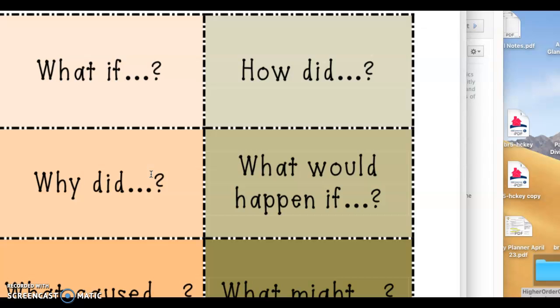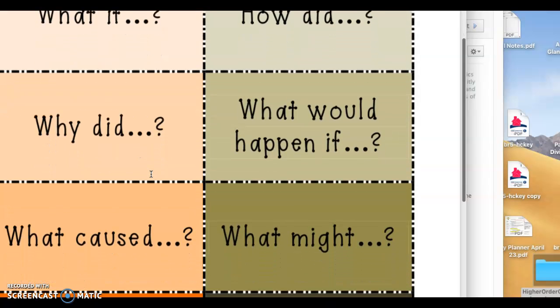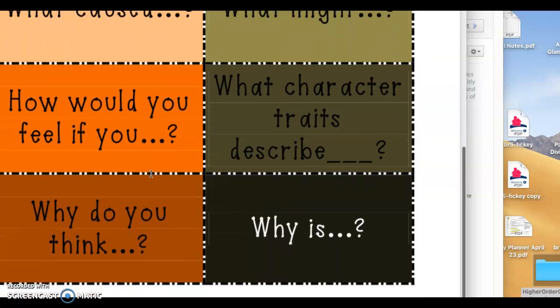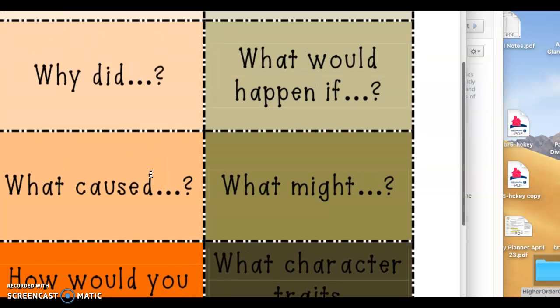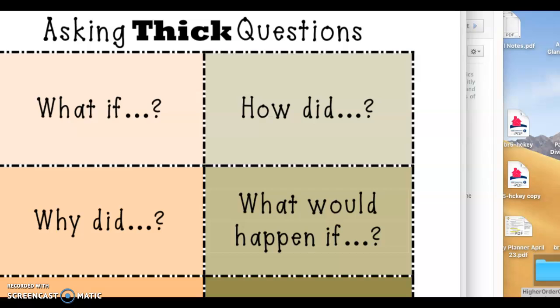And I want you to use these as sentence starters to help you create thick questions. You'll see that there are examples like what if, how did, why did, what would happen if, what caused, what might, and so on. There's a whole document there to get you started. Now, this isn't the only document that you have to use to create a thick question, but it's just something there to help you get started if you need to.